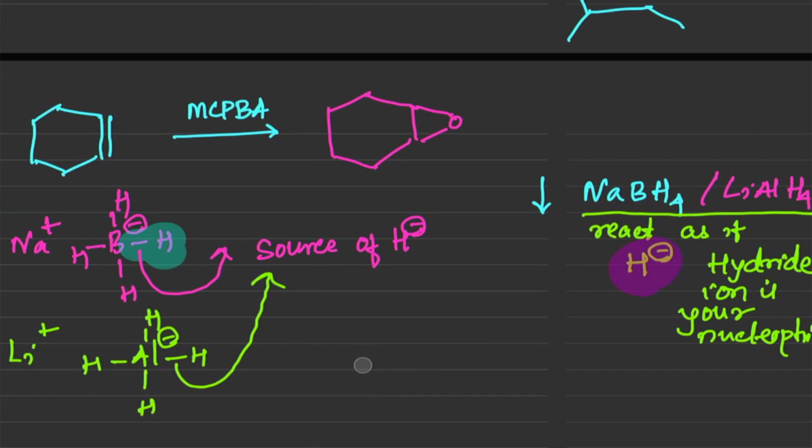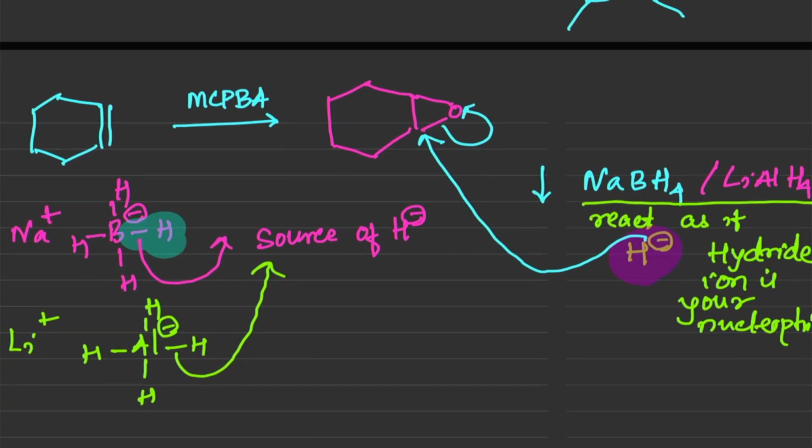Okay, so we have our hydride ion. Where would this hydride ion attack? Because both of the carbon atoms are equally crowded, it doesn't really matter where it goes. We could have made it a more complicated example to make it more obvious, but it doesn't really matter. So it's attacking on any one of the carbon atoms. I could have gone here as well.